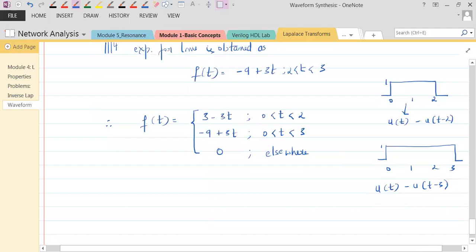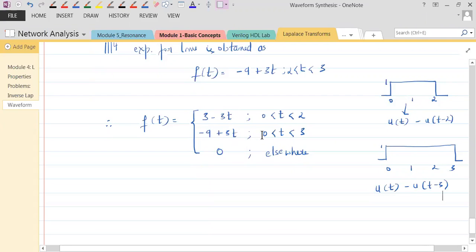Right. So see here, if you multiply 3 minus 3t by this, it means that 3 minus 3t is actually ranging from 0 to 2. Everywhere else it would be 0. So you understand how this is helping us to define the range of the signal?